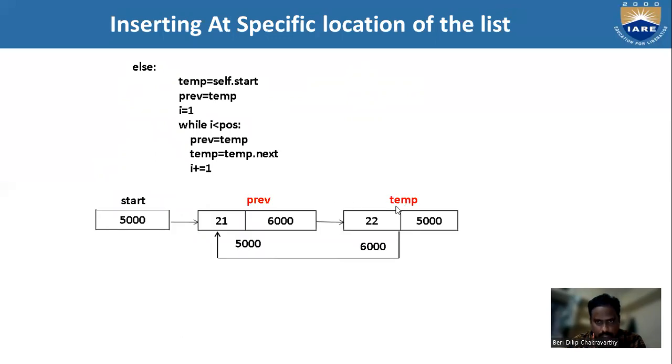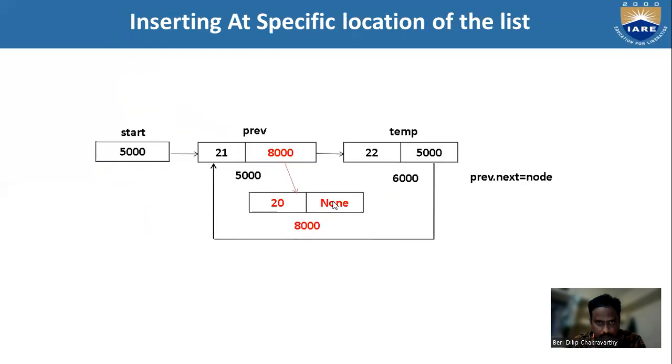Okay. So then, as I reach the position, I need to insert the element at the second position. Here I need to insert, in between 21 and 22. For that new node, I should give the address of 6000. Observe here.